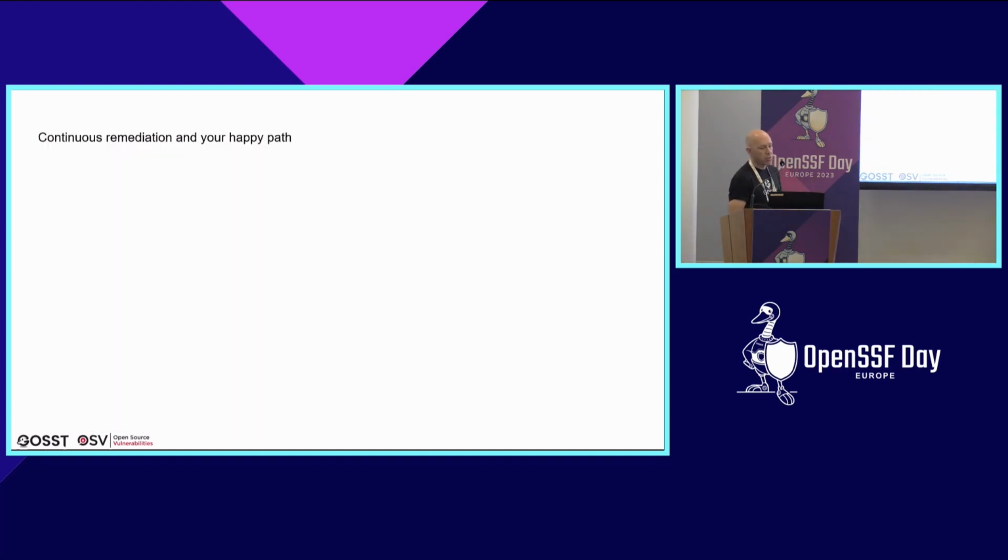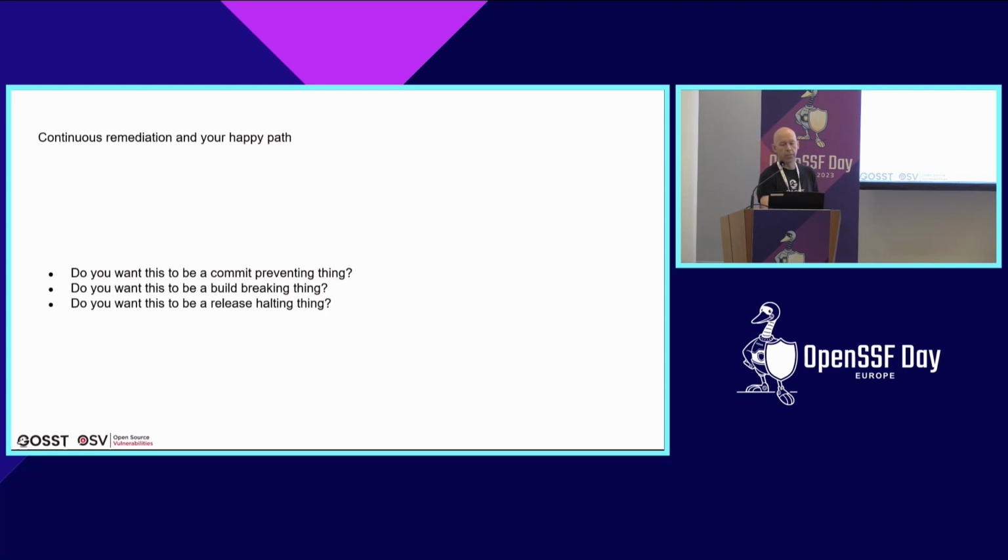Once you've got the initial potential fire hose of vulnerabilities under control, the next consideration is the continuous or steady state remediation of vulnerabilities as they crop up, either in existing dependencies or new or upgraded ones. These are all going to take you off your happy path, and the question is, how far left do you want to shift? Do you want the awareness of the vulnerability to be a commit preventing thing? Do you want it to be a build breaking thing?